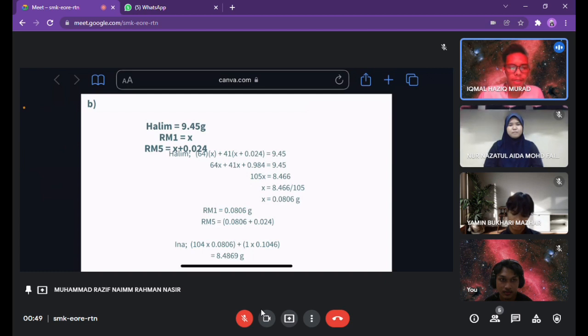So Ina's money's mass is 104 multiplied by 0.0806, which is the mass of 1 ringgit, plus 1 times 0.1046, which is the mass of 5 ringgit. So the answer is 8.4869 gram.